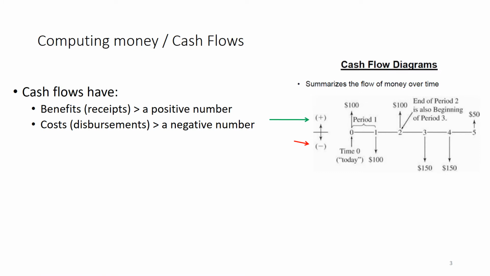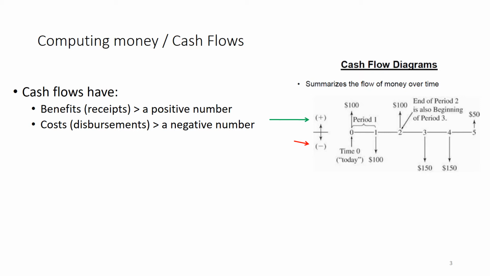Computing money is based on our cash flow. Cash flow has a few concepts. The first concept is that if we have benefits or receipts, we have a positive number. If we have a cost or disbursement, where we use our money, we get a negative number.